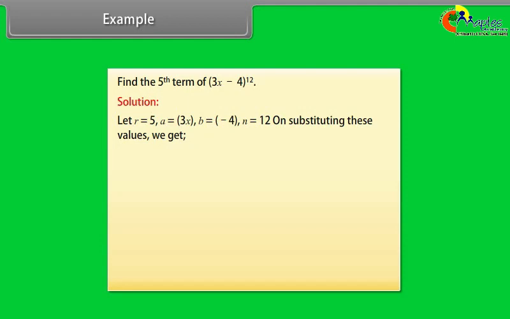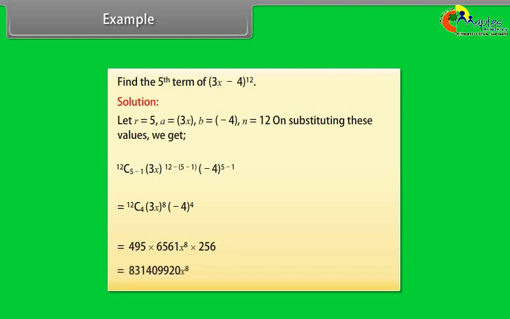On substituting these values, we get 12C(5-1) into (3x) raised to the power 12 minus (5-1) into (-4) raised to the power 5 minus 1, which is 3140920 into x raised to power 8.